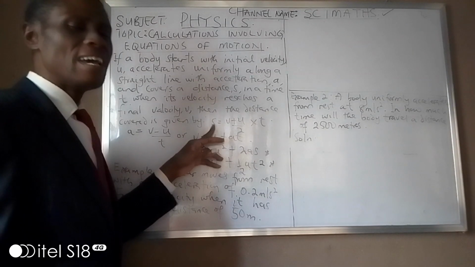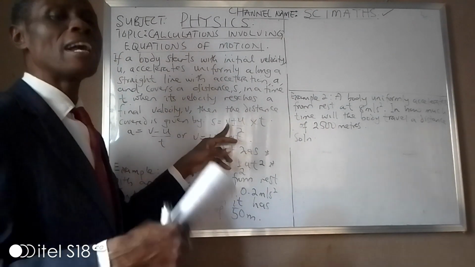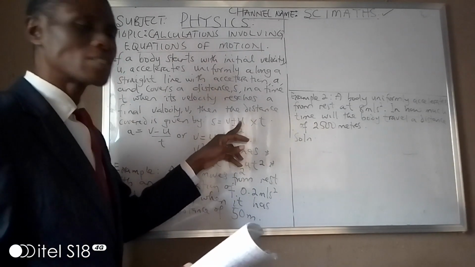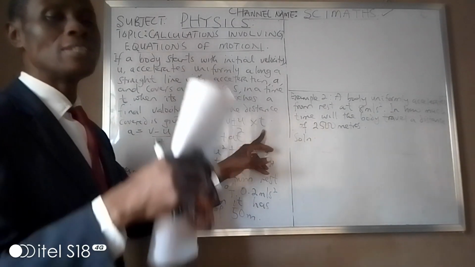What is s? s is the distance covered. Your v is your what? Final velocity. Our u stands for initial velocity, while our t stands for the time taken.